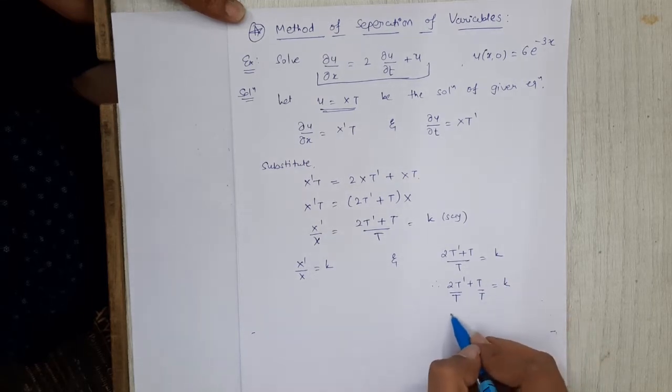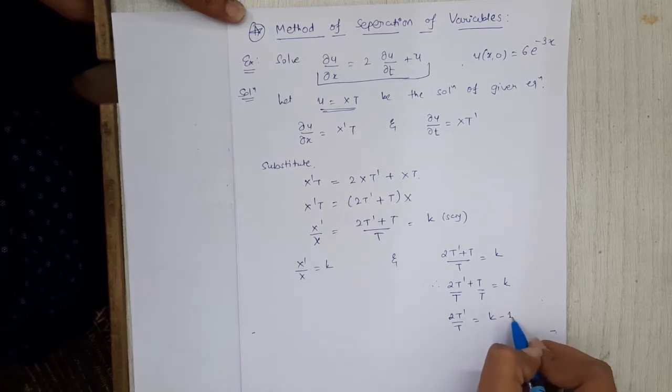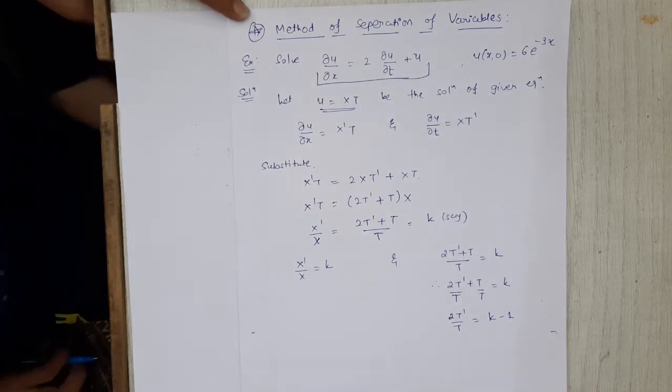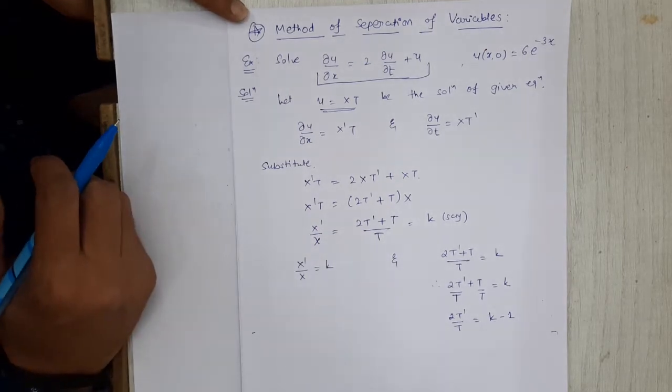For this I can write 2T' upon T plus 1 is equal to k, so I can write 2T' upon T is equal to k, and this 1 goes to the opposite side, that is minus 1. So simply I will get these two different equations. First equation is this, second one is this.